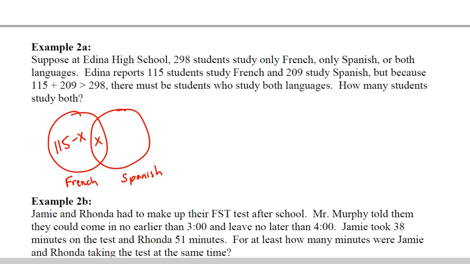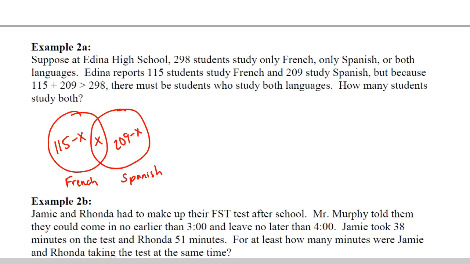Well, then we're going to do the same thing for Spanish. Because we know that there's 209 that are studying Spanish, some of those, again, are taking both French and Spanish. So this section over here would be 209 minus X. Well, we know in total that there's 298 students that are taking only French, only Spanish, or both. So if I were to add up this section, and this middle piece, and this section over here, I'd end up with a total of 298 students.